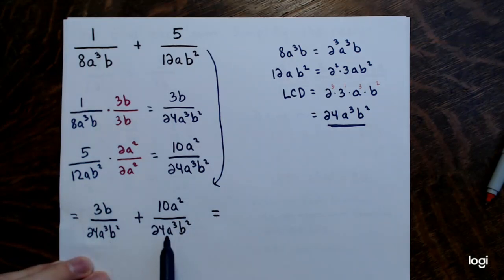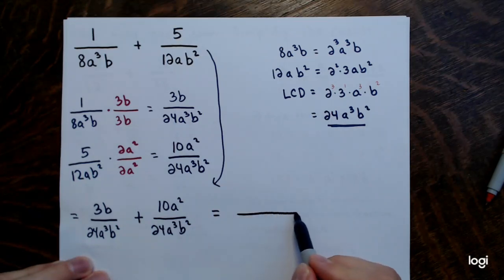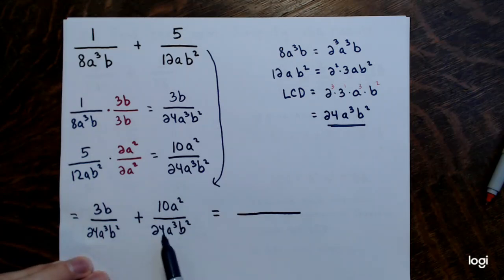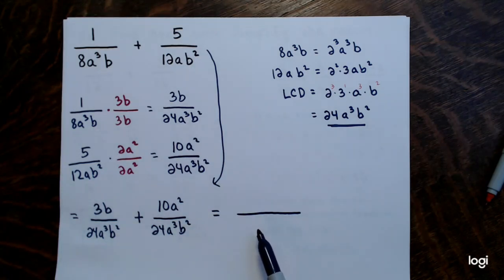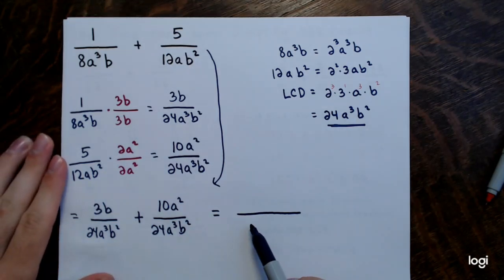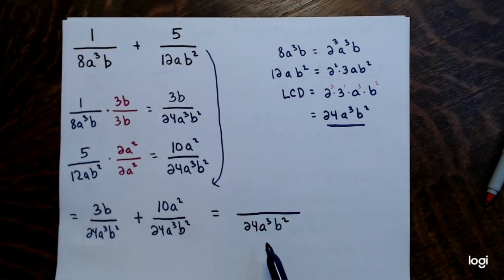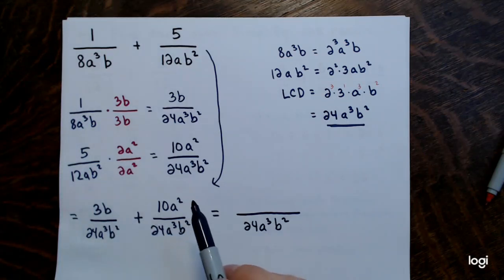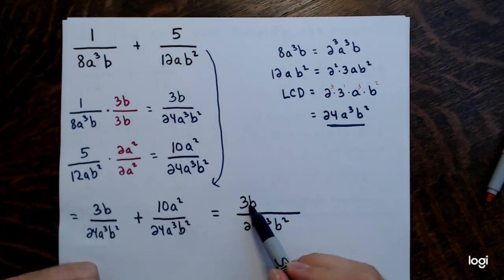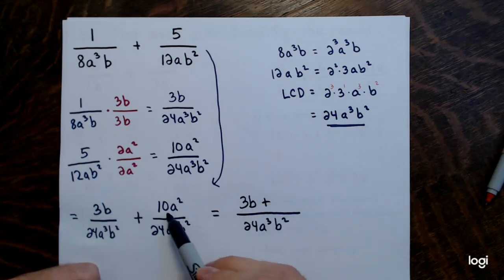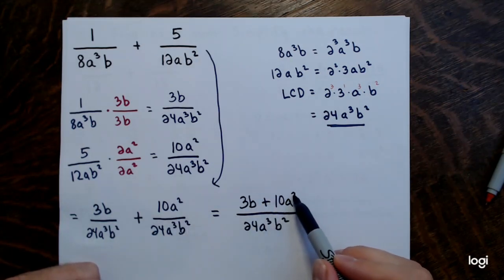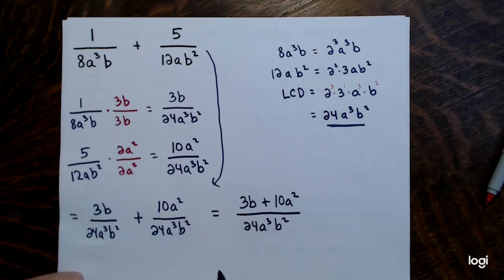And now that they have the same denominator, right, the LCD here, I can now add them, put them together. And once again, I'll say, when you add two fractions with the same denominator, that common denominator doesn't go away. That will be also the denominator of the sum. So 24a cubed b squared stays the denominator, and we combine the numerators. So 3b, that first numerator, plus 10a squared, the second numerator. That's the numerator of the sum.